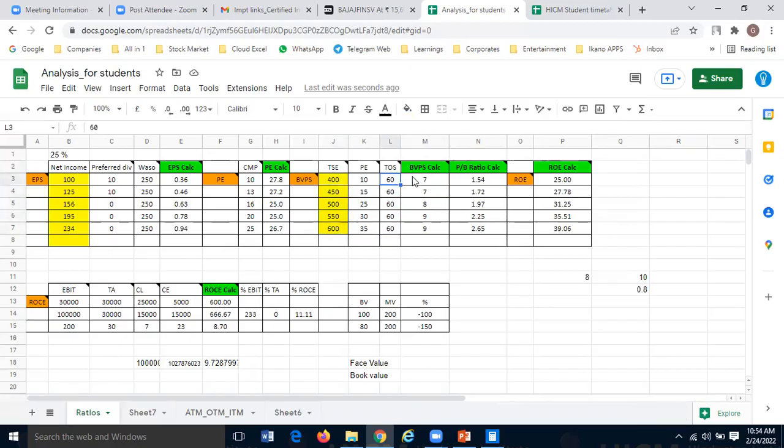Okay, so keeping everything constant, suppose they increase the total outstanding shares to 70, 80, then 90, then 100. You will see that PBVS will decrease, because if the shareholders become more, then the distribution is over more people.